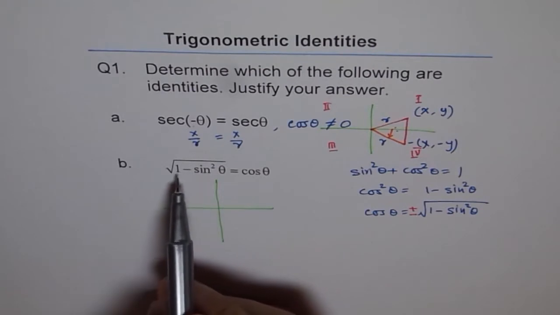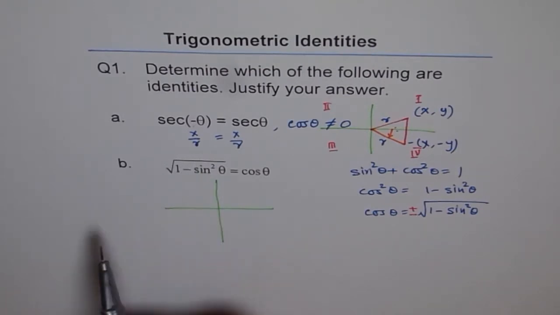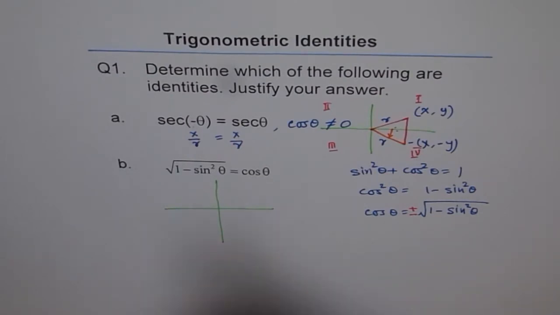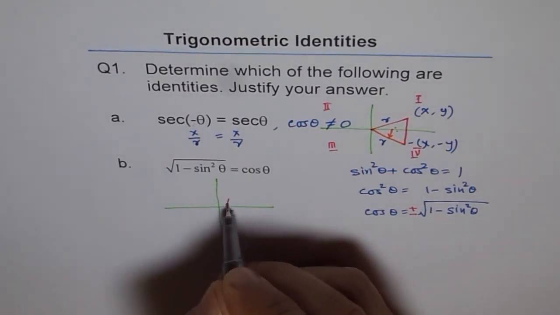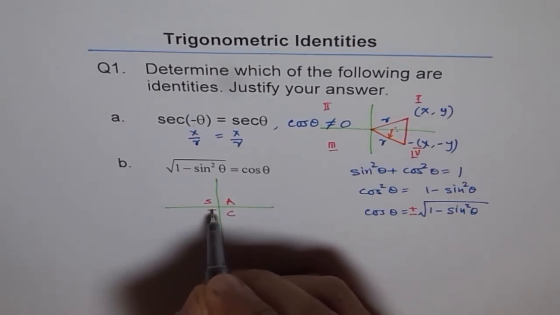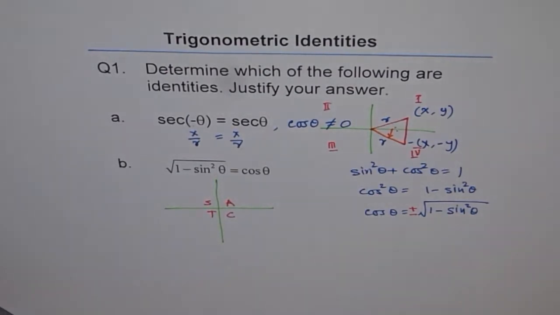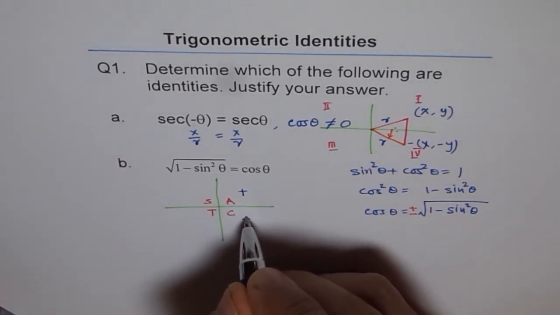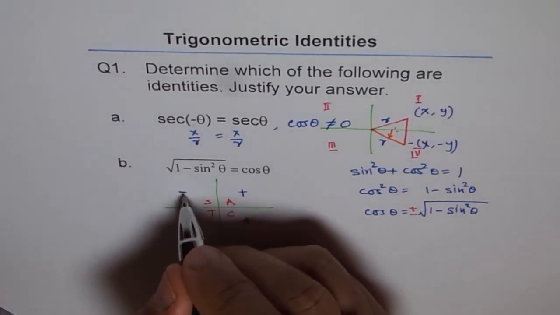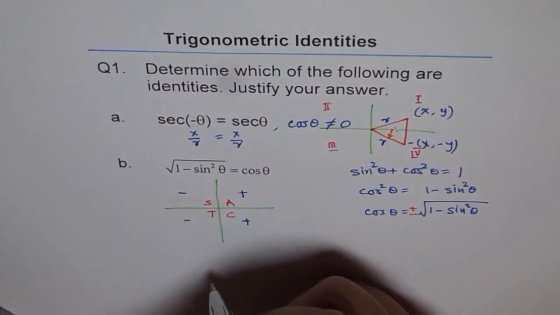Another way to show it is like this. The left hand side, square root of 1 minus sine square theta, is always positive, correct? But in our quadrant, CAST rule, cos is positive only in two quadrants, quadrant 1 and quadrant 4. But cos is negative in the other two quadrants.